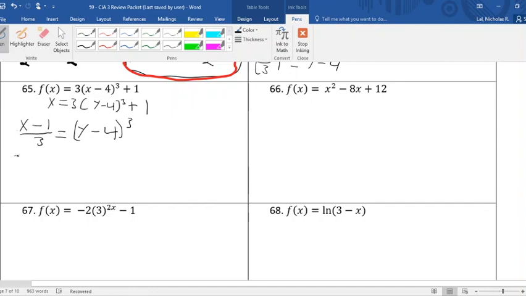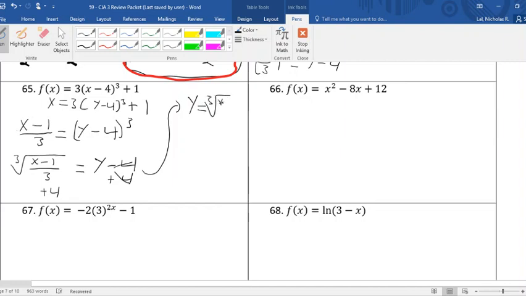So the cube root of x minus 1 over 3 is equal to y minus 4. I'm going to add 4 to each side. So that means the 4's cancel out, and y is equal to the cube root of x minus 1 over 3 plus 4.